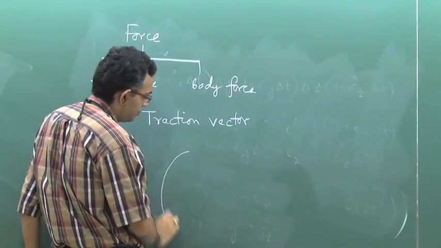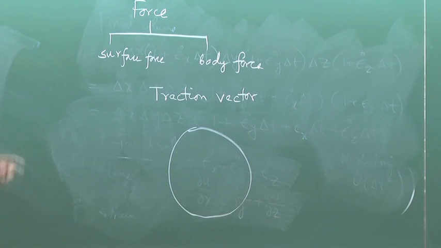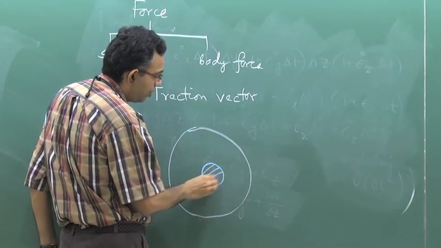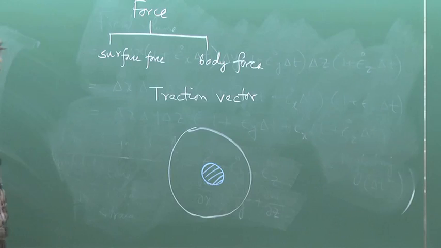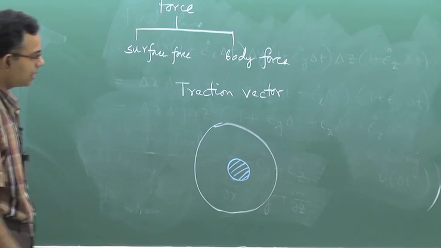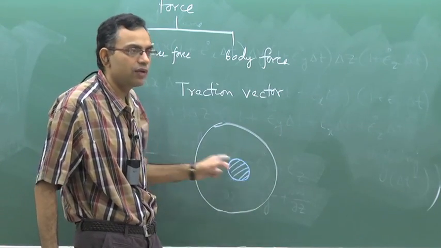Let us say that you have an element like this, maybe a solid, it may be a fluid, whatever. Now you take a small volume out from it. If you take a small volume, you have to represent the force exerted by the remaining part of the volume on this one.